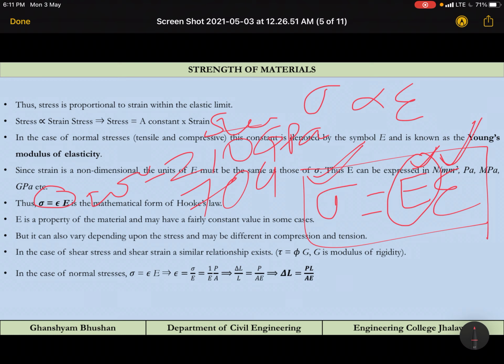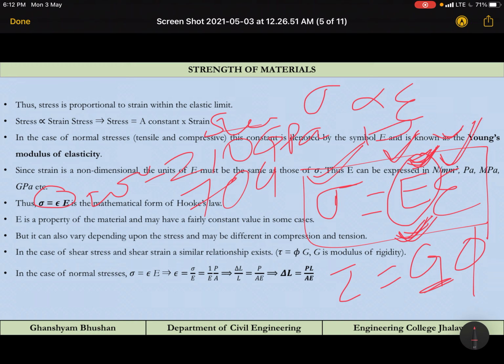Okay, so in the case of shear strain, the relationship I have told you is G times phi. G is what? Modulus of rigidity. Here it is named modulus of rigidity because this modulus acts when we are checking elastic behavior.